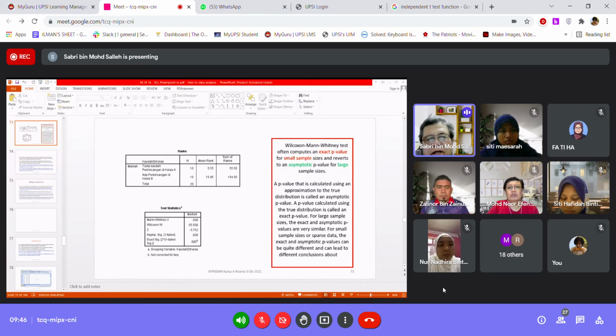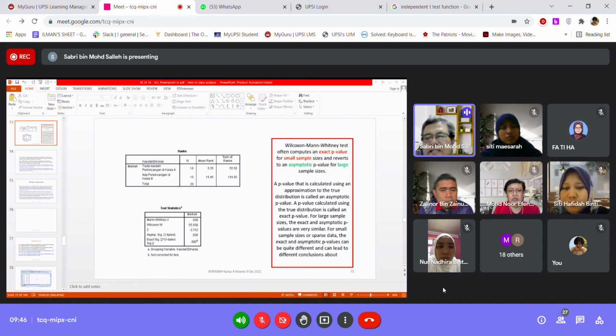Okay, notice also ya, ada dua jadual. The first dia punya descriptive. It talks about the mean rank. Contoh kelas B tu mean rank dia lebih kurang 15. Kelas A tu mean rank lebih kurang 5.